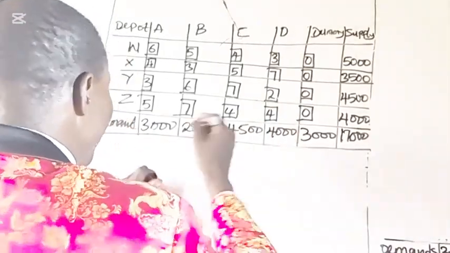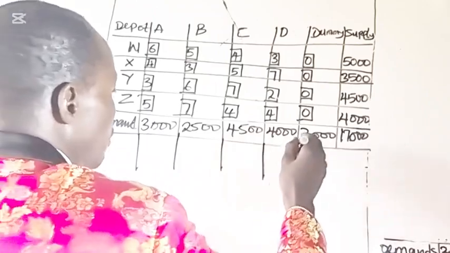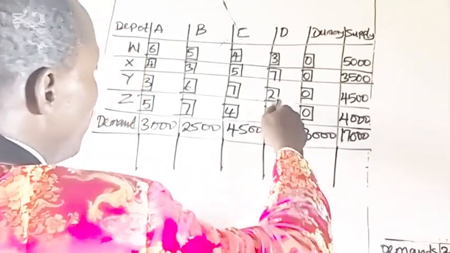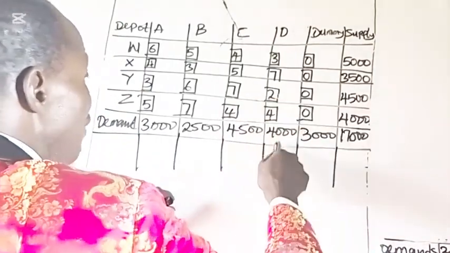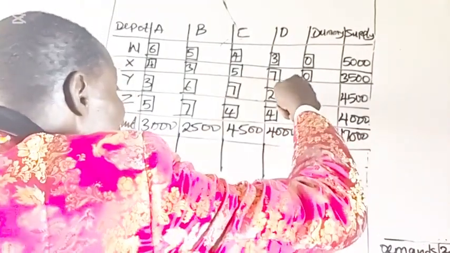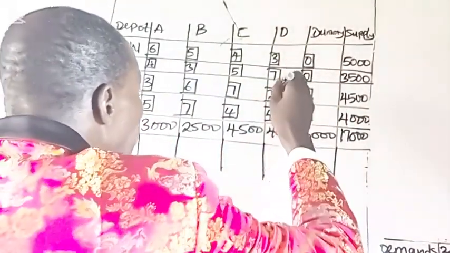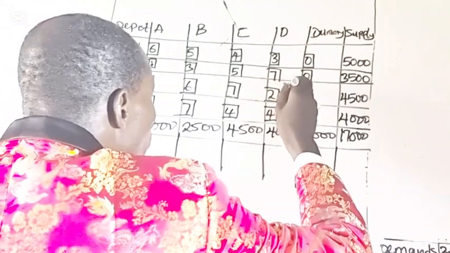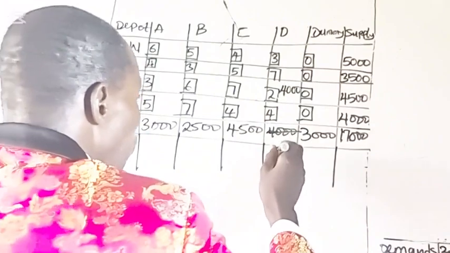But if you look at this row, you have 4,500. And what you have in this column is 4,000. That means the maximum allocation that can be made to anything that falls within this column must be 4,000. So you allocate 4,000 to 2. That means you have exhausted what you have here.